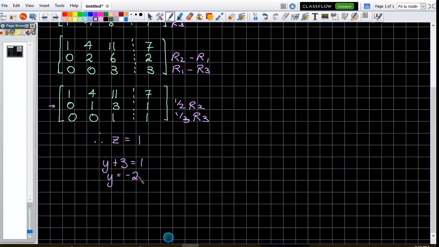So I'll be quiet now, but do B. But do you need me to finish at x? You're all looking at me, right? We'll go x plus 4y. So 4 times minus 2 plus 11 times 1, which is 11, equals 7.